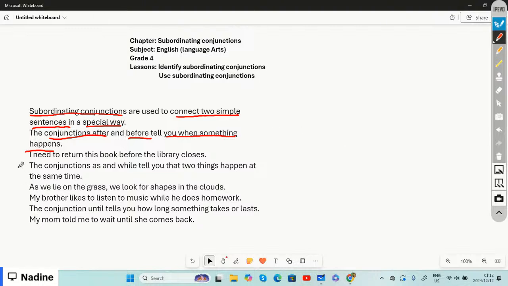If we look at an example, it says, I need to return this book before the library closes. So now the question is, when do you have to return the book? Before the library closes.